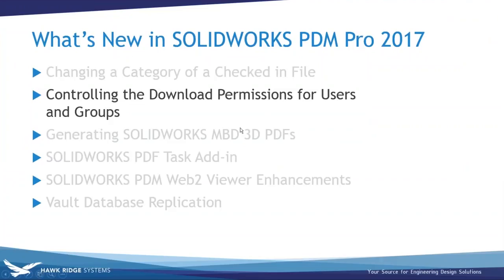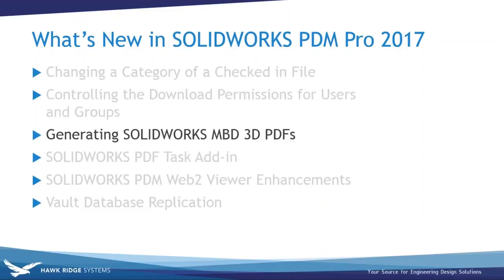So now there is a permission within the web configuration file, so it's not within the admin tool itself, it's actually in the web config file. And if you need help finding that in 2017, you can call our support folks or send an email and they can help show you where that is. I don't want to take the time to dig into those folders right now, but just know that that exists, that you can prevent downloads for customers accessing the web portal, which is pretty cool.